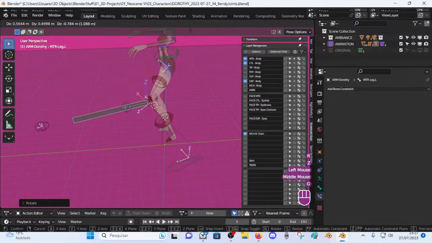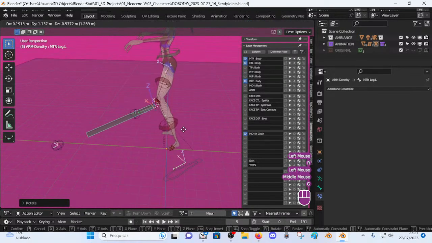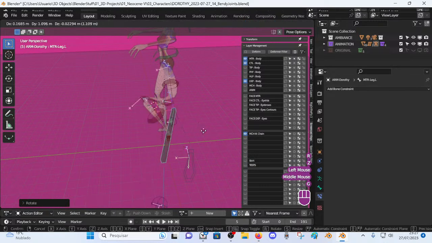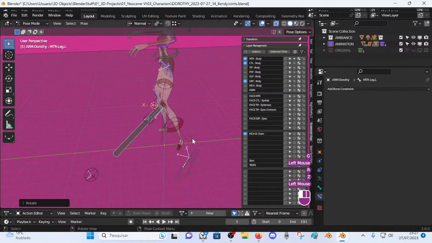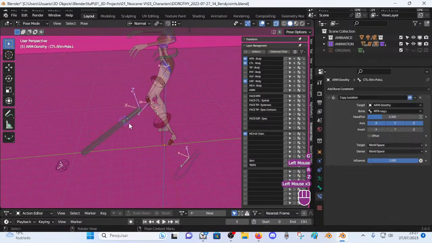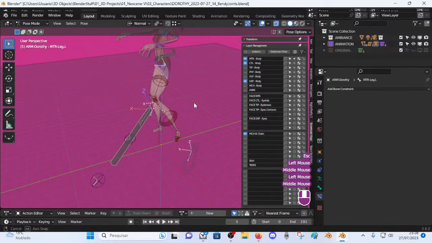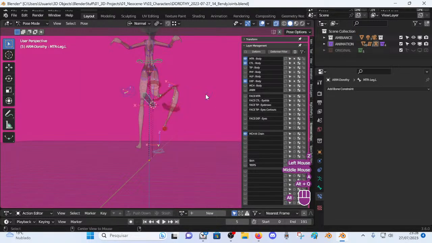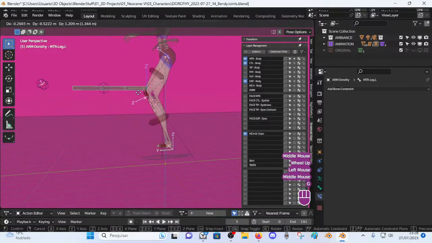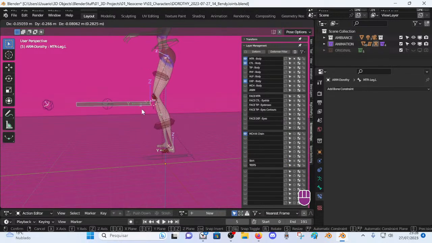Maybe I should get this pole target a bit further apart, something like that. Maybe this is safer. I'm really not sure right now, but let's make the test now.